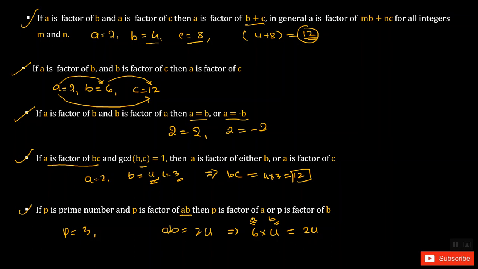That is the meaning. So p can divide a, that is, 3 can divide 6, but 3 can't divide 4 here. That is the meaning of p being a factor of either a or b. Alright, so let's move next.